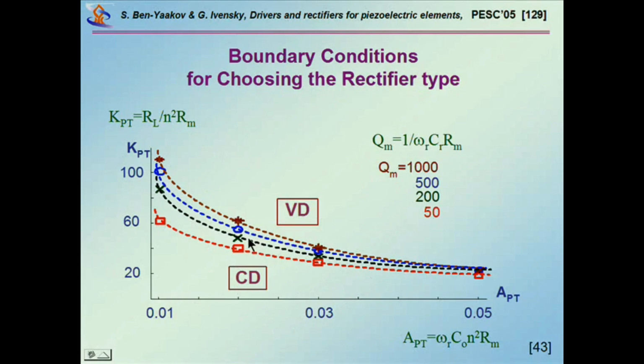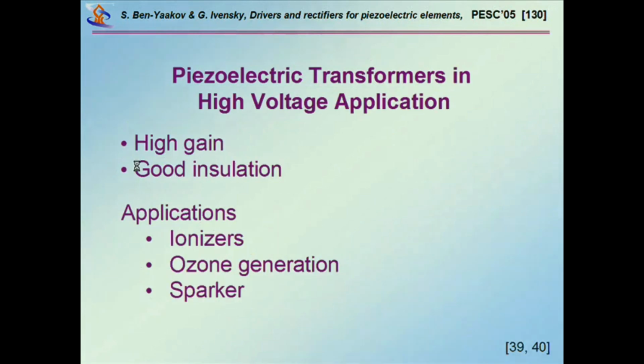So the bottom line here, using the result of this analysis, is that you can decide for a given application, a given transformer, and a given load, which is the better way to go, whether a current doubler or a voltage doubler. This gives you a way to select the best approach.